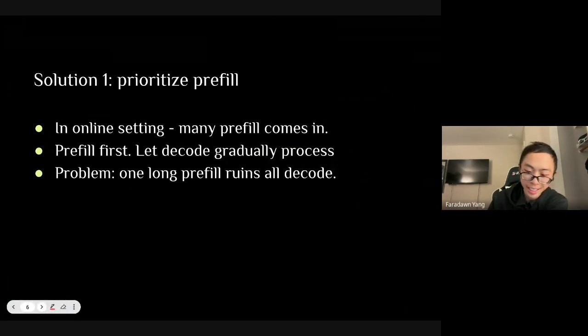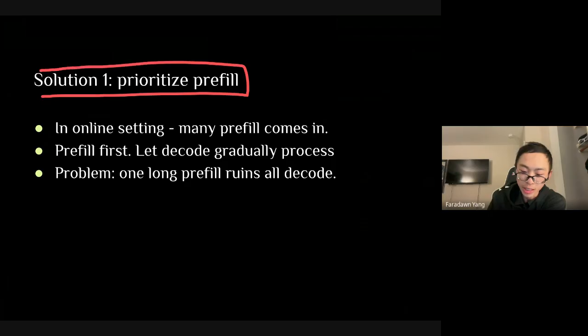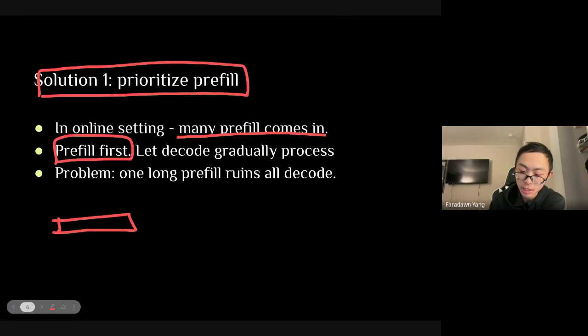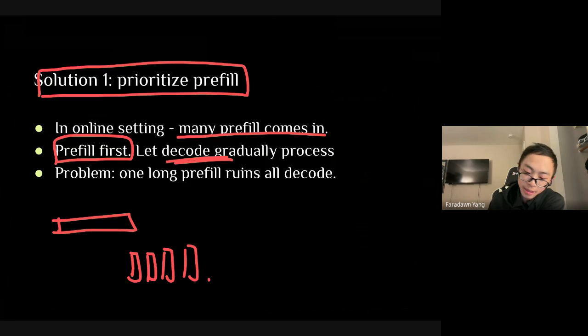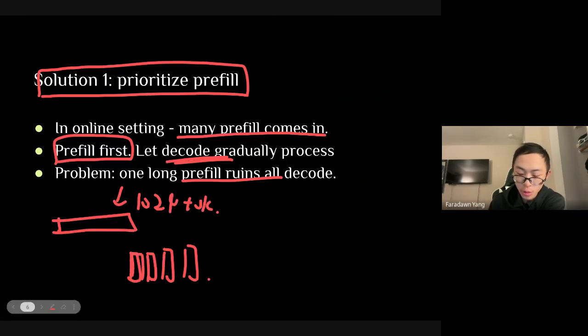The first solution is prioritize prefill. Why? Because many prefills come in. How about we just let the prefill go first, and then let decode gradually process? But then the problem is, if the prefill is very long, such as 1024 tokens, all the ongoing decode requests will need to wait.